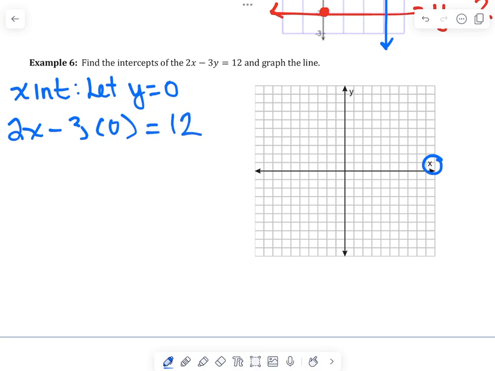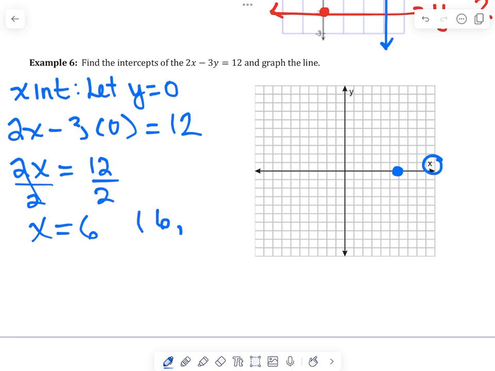And then we solve it for x. So we get 2x equals 12. Then we divide both sides by 2. We get x equals 6. So that's saying we have to go 6 to the right on the x-axis. So that's our x-intercept. We do need to write it as an ordered pair. So it's right 6, up 0.